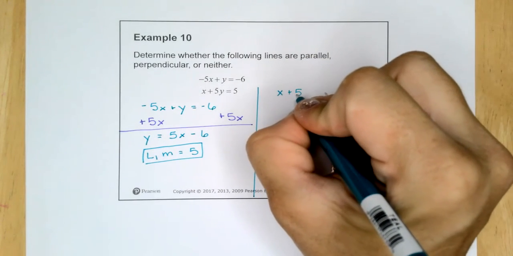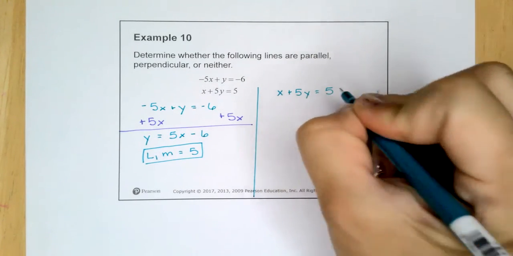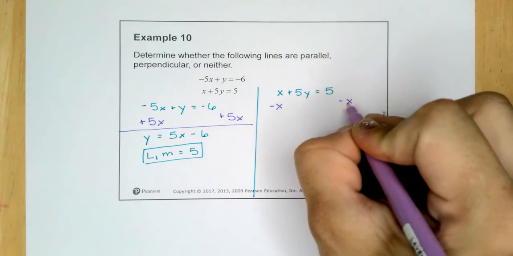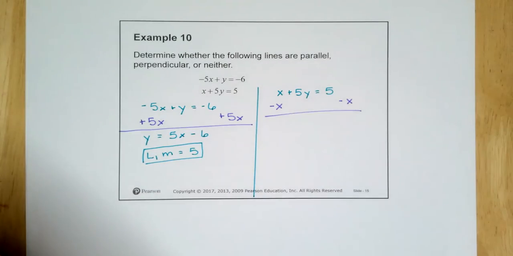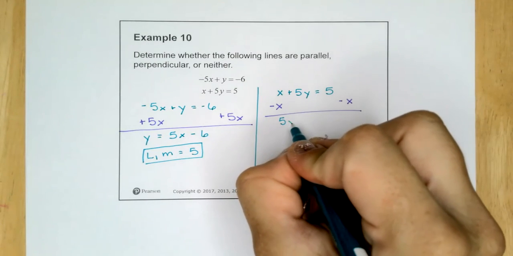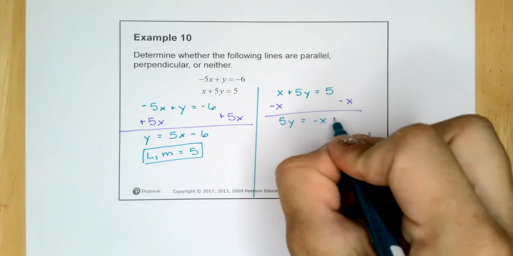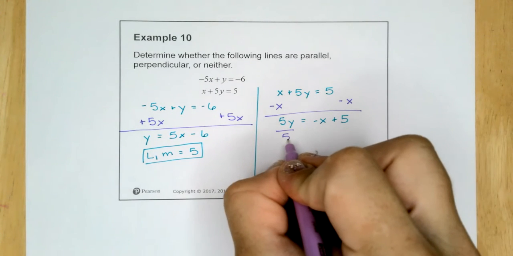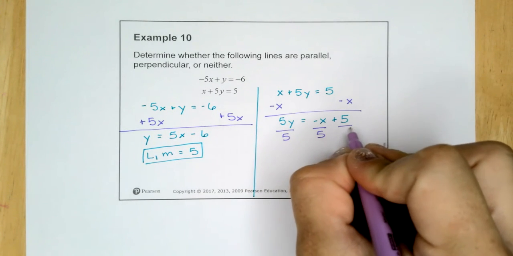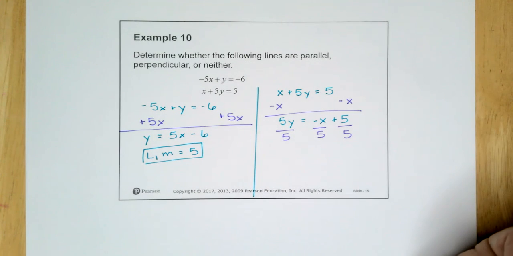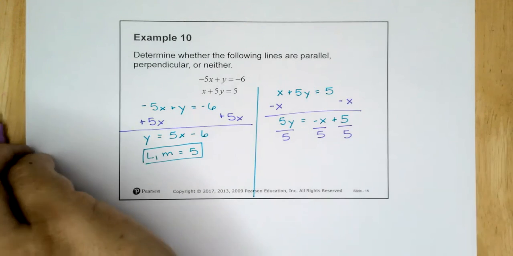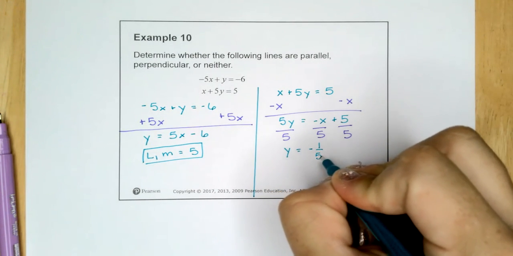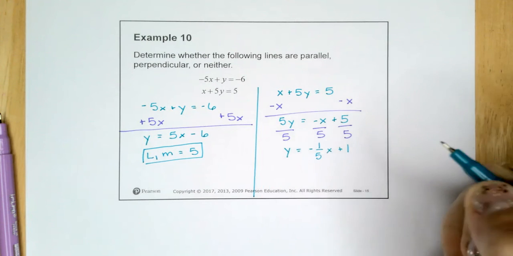x plus 5y equals 5. Get y alone, so subtract x from each side. 5y equals negative x plus 5. Divide everything by 5. y equals negative 1/5 x plus 1.